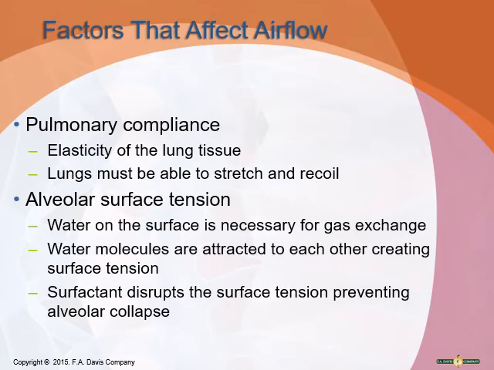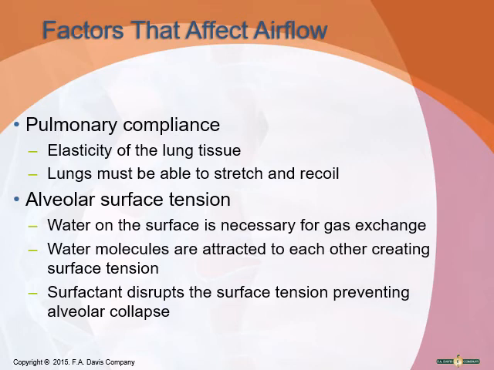Next, alveolar surface tension. Again, the inner surface of each alveoli is covered with a thin film of water, which is necessary for oxygen and carbon dioxide to pass through the capillaries. However, water molecules are electrically attracted to each other, and if left alone, the water molecules would eventually pull together and collapse the alveoli.